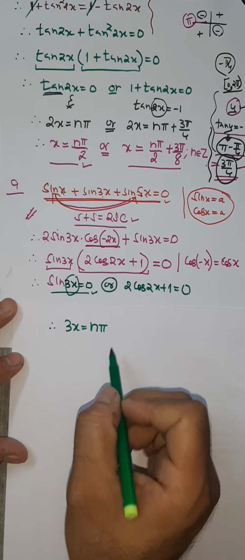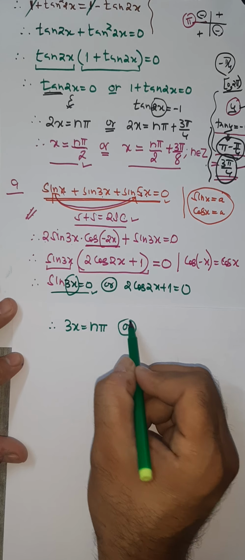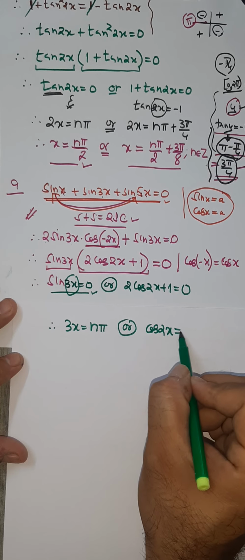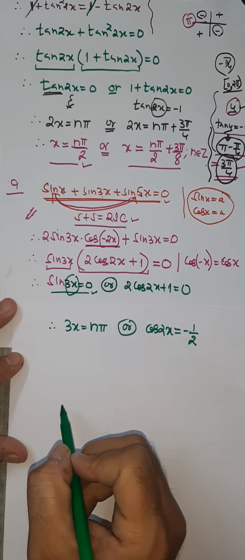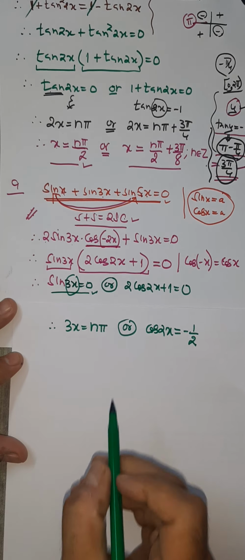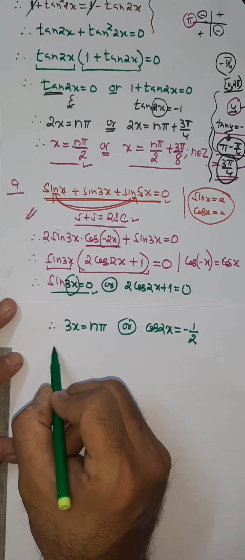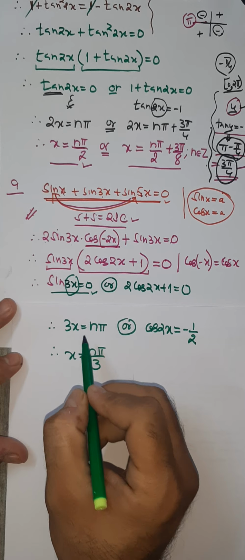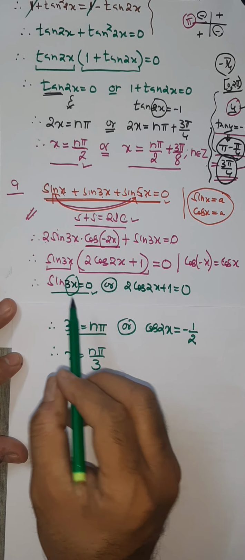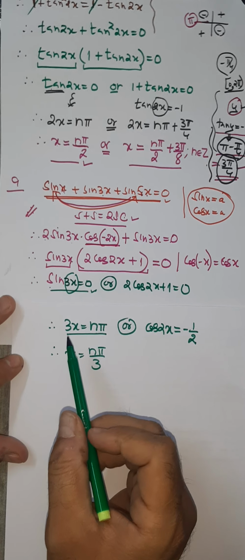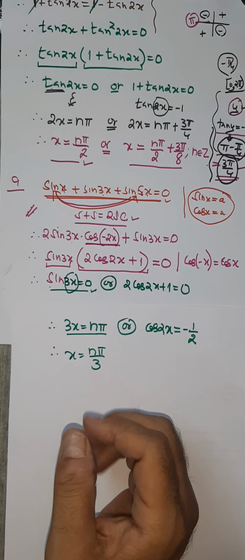We have already used this a number of times. Or cos 2x equals minus 1 by 2. I hope this is clear to you. So what is x from this? n pi by 3. So this is done. I repeat: from zeros of the sine function, which is n pi, obviously n belongs to Z, that I'll write at the end.